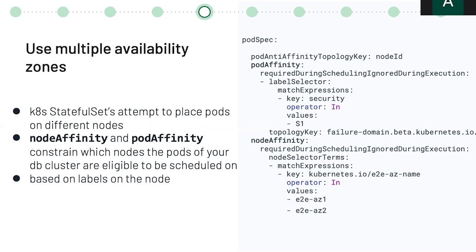We can accept definitions of pod affinity and node affinity to make sure that Kubernetes deploys MongoDB nodes across those availability zones. We use very standard Kubernetes definitions. It's very well documented how Kubernetes deploys with label selectors and node affinity and pod affinity rules and policies. It's very similar to any other application that you would like to run reliably within the infrastructure. So use labels and node selectors.